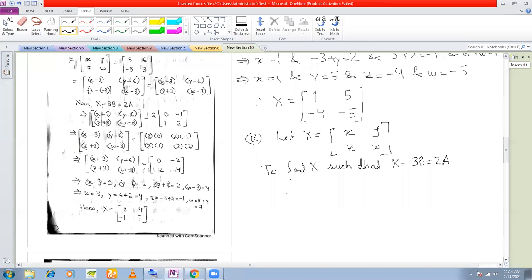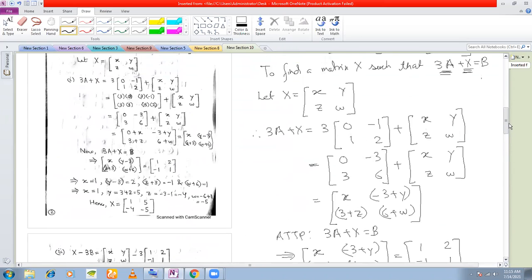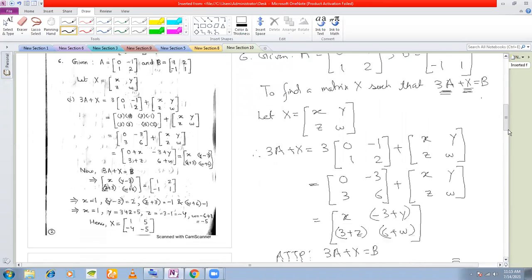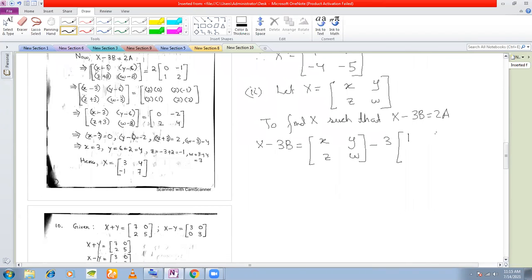In order to find this, first let us find X minus 3B. The B matrix here is 1, 2, minus 1, 1.